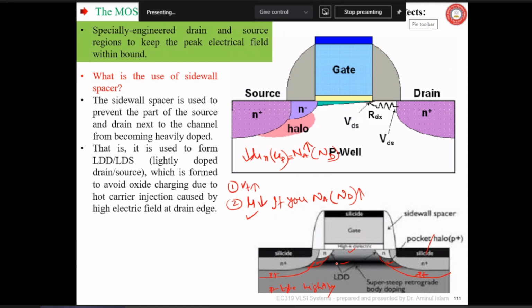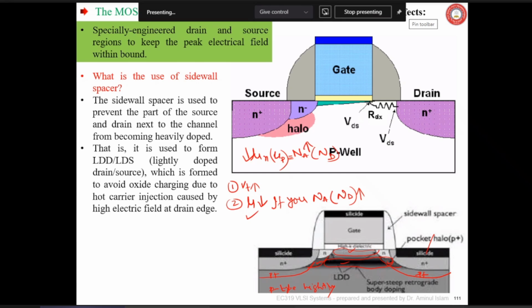Current equation is what? ID equals mu n Cox W by L, etc. So you keep this region lightly doped. Then this region you dope heavily, because you want to avoid the punch through, because channel length is so less that both the depletion layers from the source side and drain side may touch each other. You don't want that. Okay.